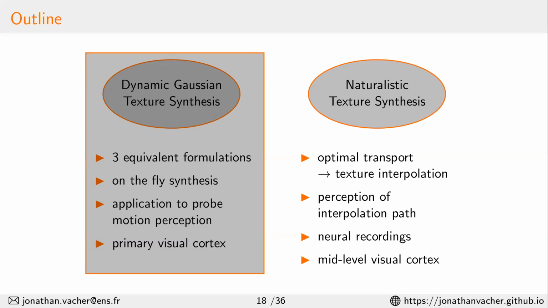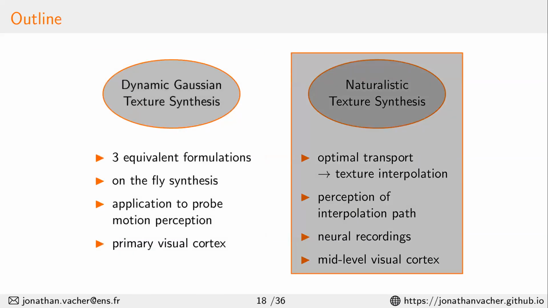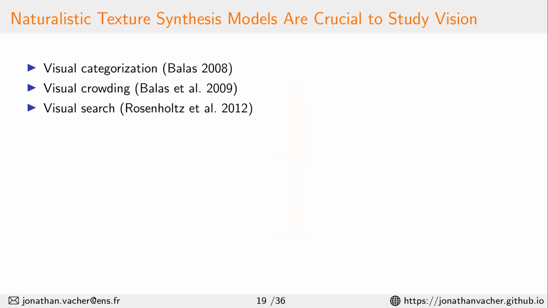So I will move now to naturalistic texture synthesis. Here I'm talking about textures more complex than just Gaussian textures. You cannot synthesize textures with some structure with the previous model, for example.